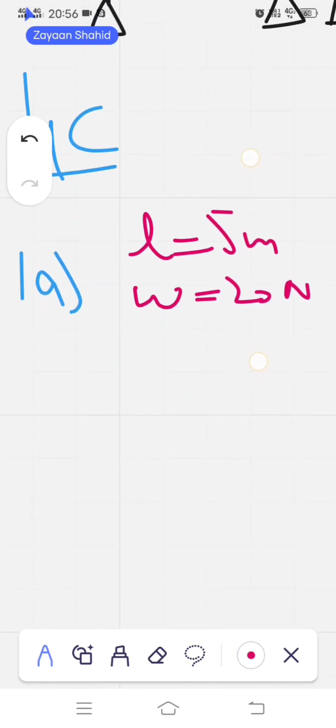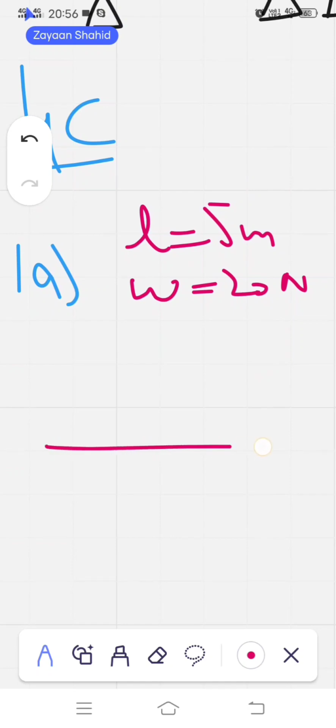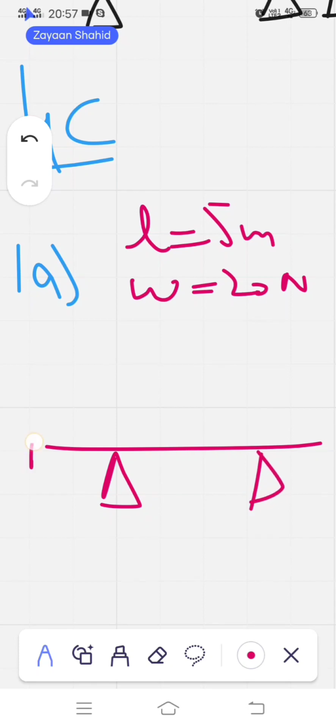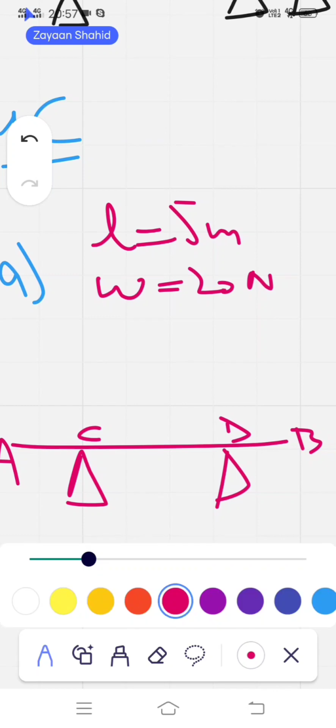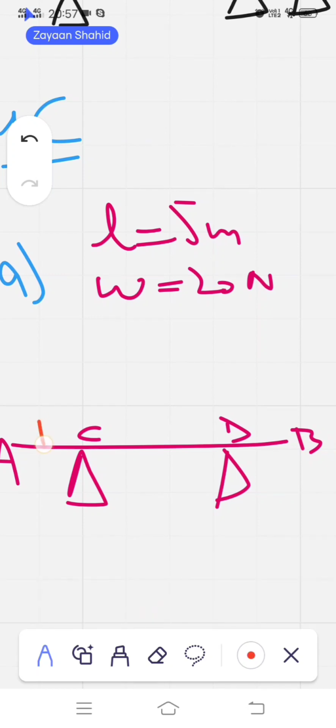Let me draw the figure. This is the point A. This point is C, this is D, and this is the point B. The values given here are 1 meter, 3 meter, and again 1 meter.